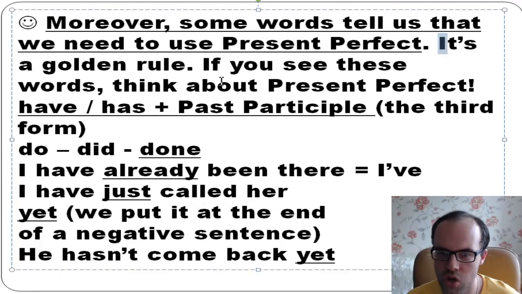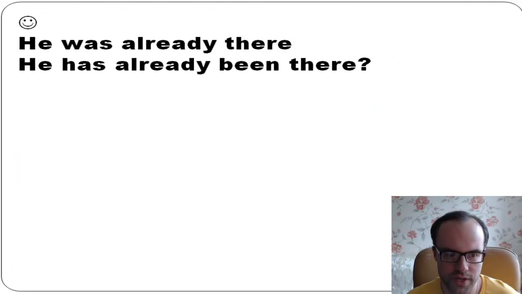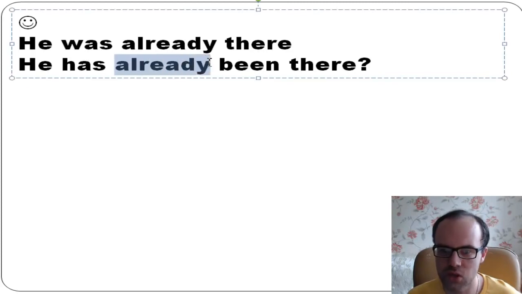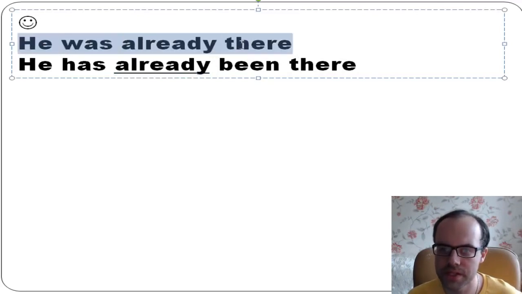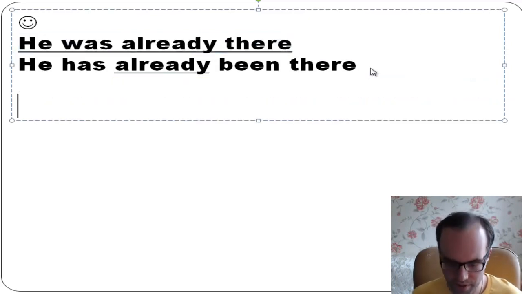There are some words that tell us that we need to use present perfect, and already is one of these words. So he has already been there. Only this variant because of already. The other variant isn't correct. Okay, so good, very good.